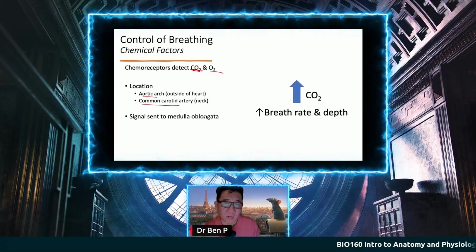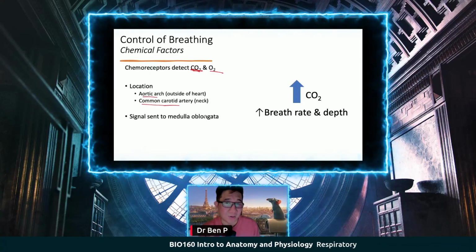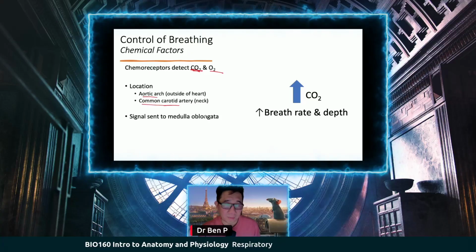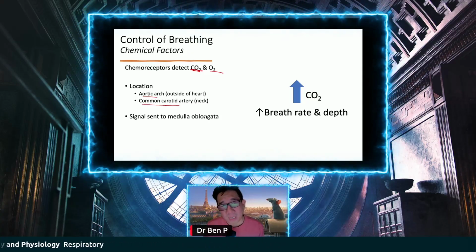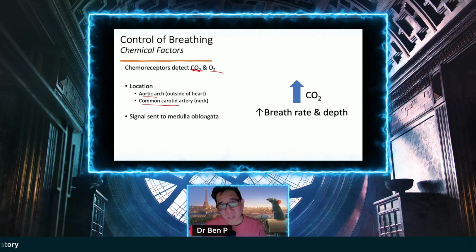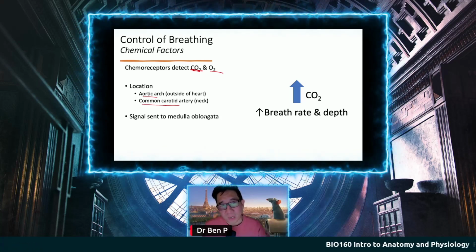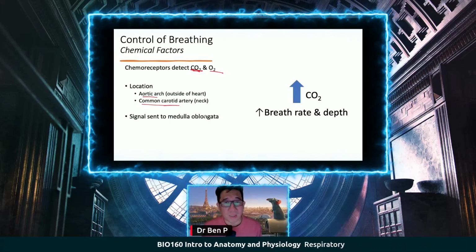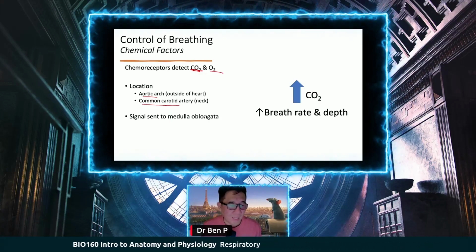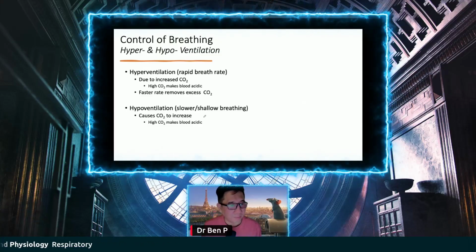If your CO2 level is still normal, even though your O2 is down, you may not even feel it. This is what happened to a lot of COVID patients. They don't even know it. COVID hits them and they're like, "Oh, I'm fine." But if you look at their O2, they're not fine. They need to be in the hospital. They think they're okay, and then 2 days later they're not.